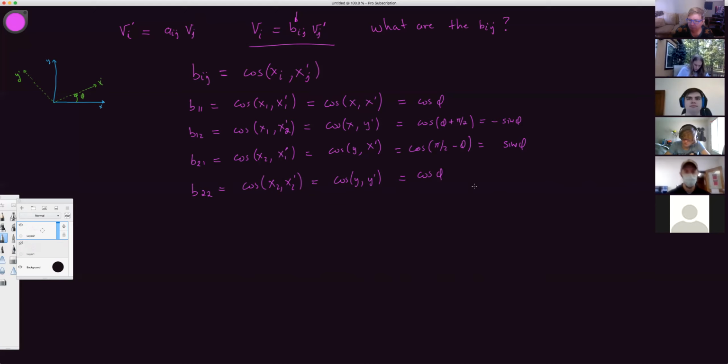Okay, so the B matrix. Remember, we write matrix multiplication: V is equal to B matrix times V prime. So the B matrix looks like this. We have B11, which is cosine, B12, which is minus sine, and then B21, which is sine, and B22, which is cosine.